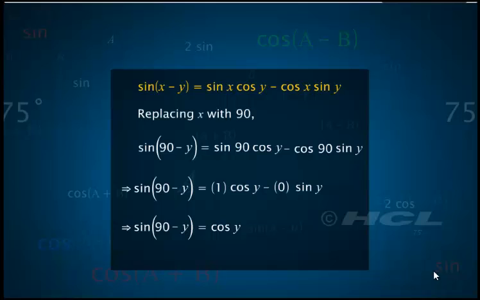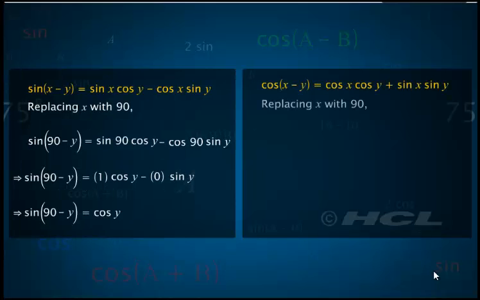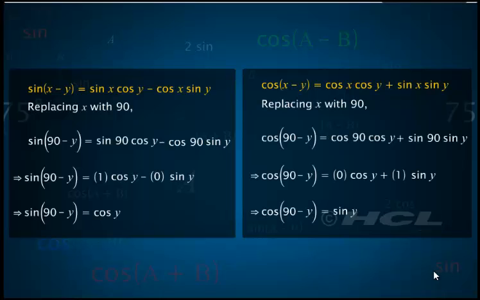Remember that sin 90 equals 1 and cos 90 equals 0. Similarly, replacing x with 90 in the difference formulae of the cos, we obtain the value of the cos for the allied angle 90 minus y as shown.